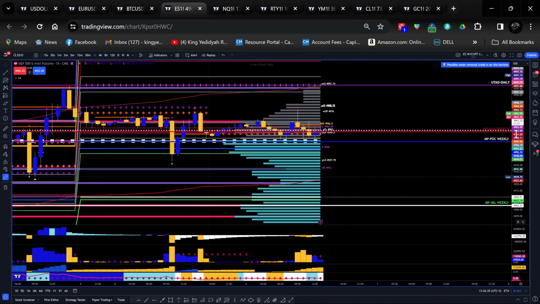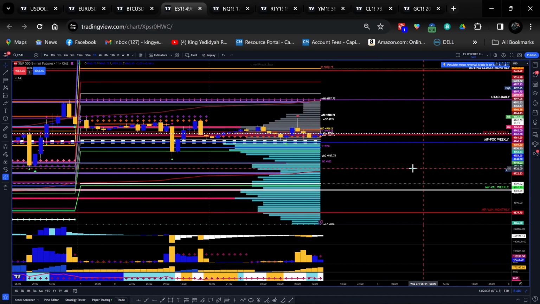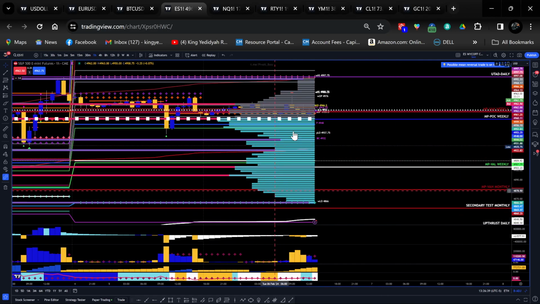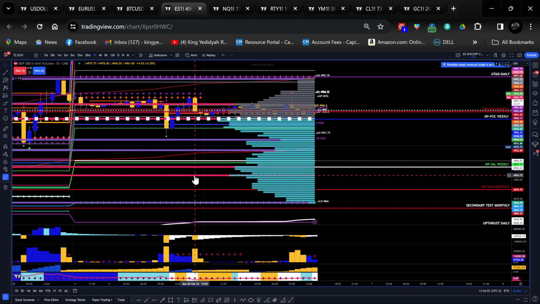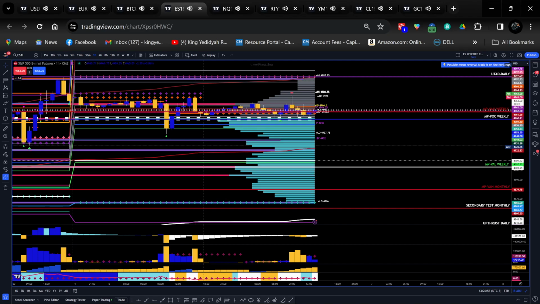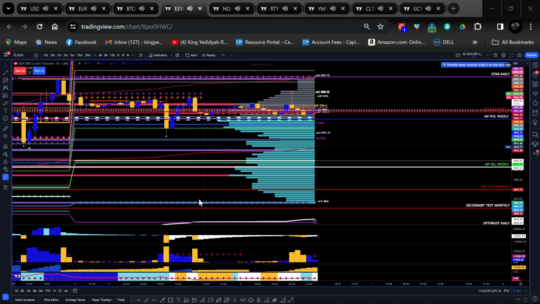Just looking at this volume profile, you can see that anything below here is just buyers, right? So there's heavy volume nodes, high volume nodes, sorry, at the weekly value area low, market profile weekly value area low, which is around 4903.25. There's another high volume node at 4894.75, right? So let me just point those out.